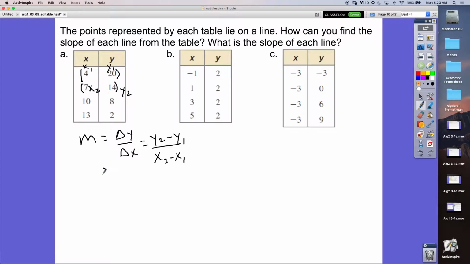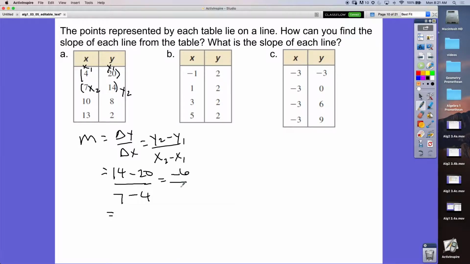Okay. So what's y2 here? 14. Minus, oh, remember I just put the minus signs in. So 14 minus 20 over 7 minus 4. Okay. What's 14 minus 20?